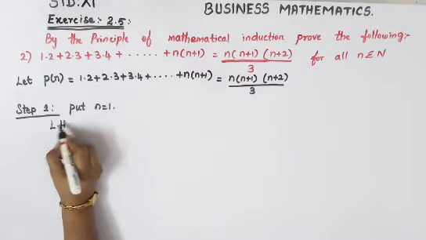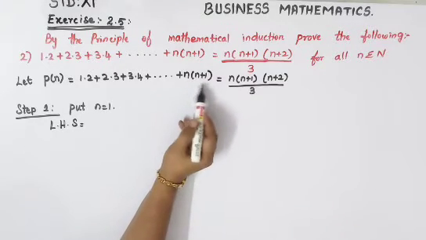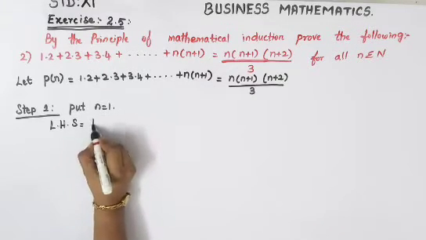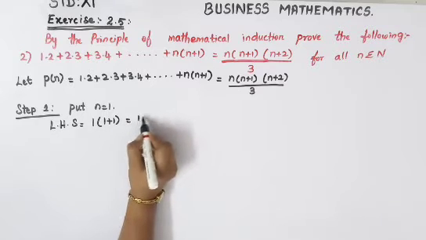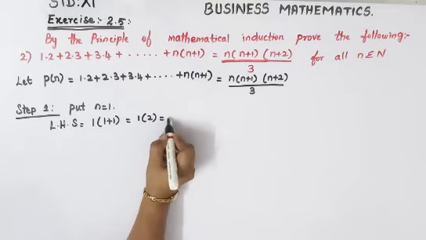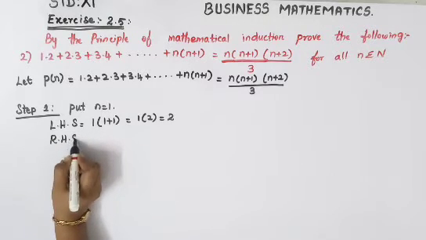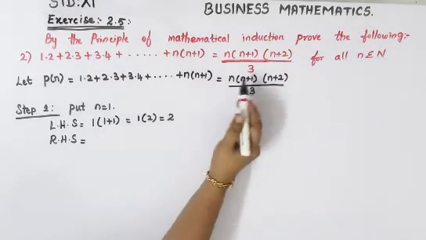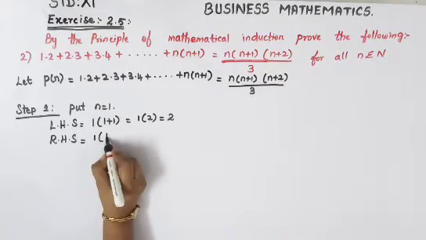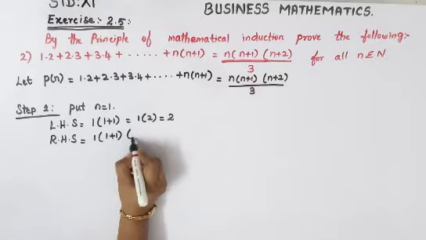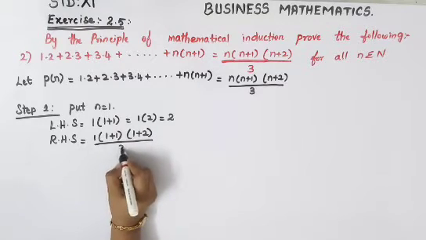LHS is 1 into 1 plus 1, which is equal to 1 into 2, that is equal to 2. And your RHS is this part fully, wherever n is there, just put 1. So 1 into 1 plus 1 into 1 plus 2 divided by 3.